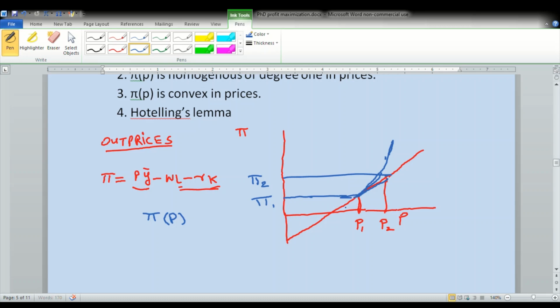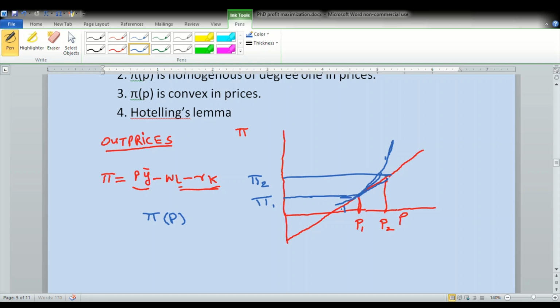Similarly, if the prices of the output had gone down, and if you keep on producing the same amount, revenue will be decreasing and you will be moving here. But then because you will be acting optimally, profit will not be decreasing to this extent.